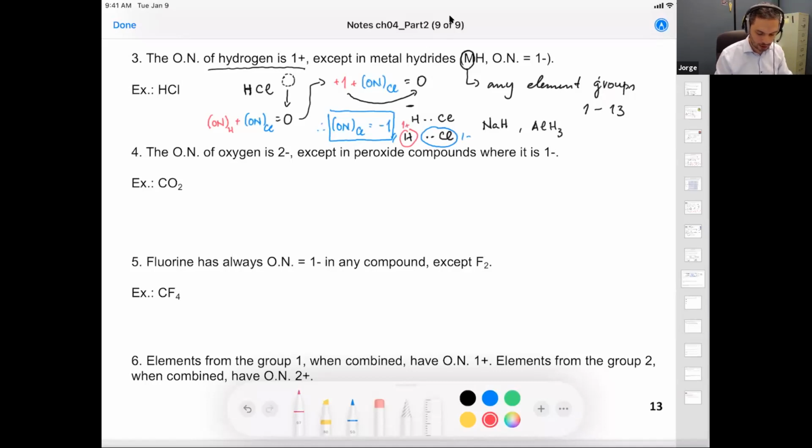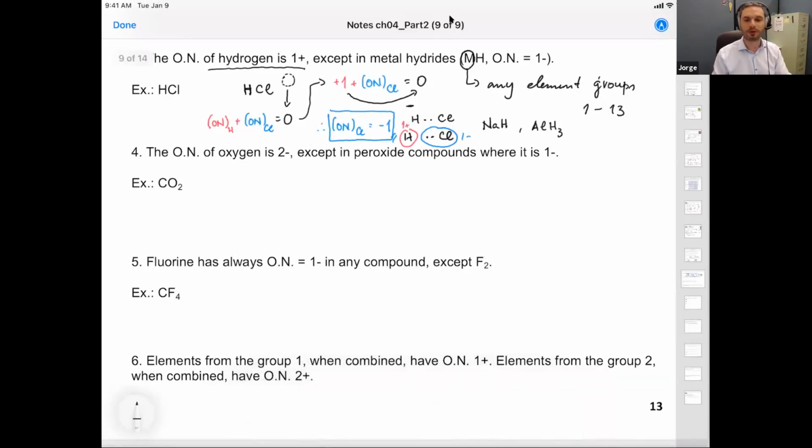Okay? Remember, there is always a battle for the electrons. Some elements like to lose the battle, and some elements like to win the battle. And that's a property of each element that we will see later, and it's called electronegativity.